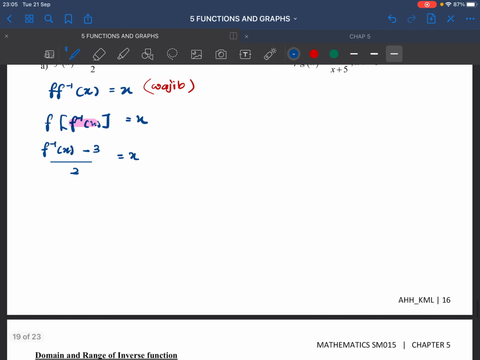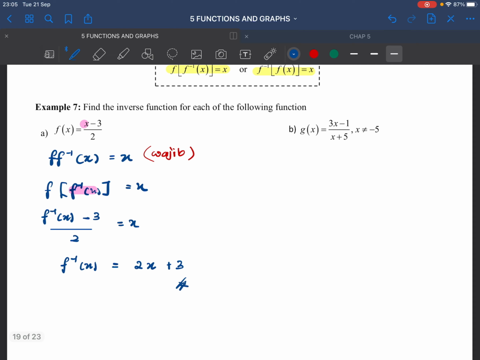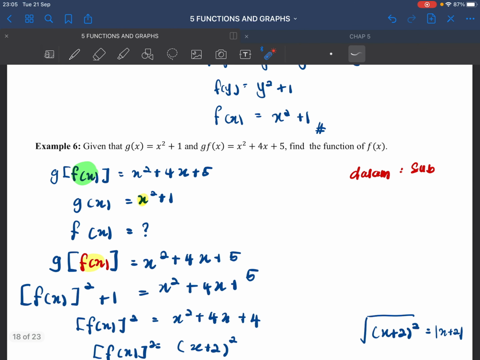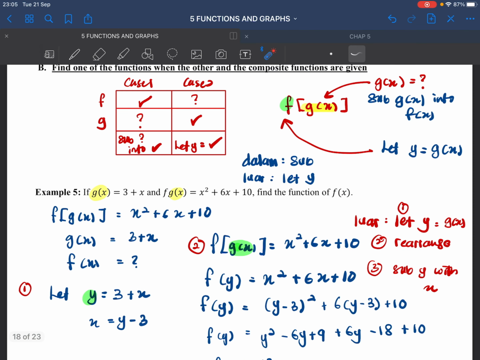The next thing that you have to do, just jadikan f inverse kamu sebagai subjek lah. So we are going to get f inverse x is equal to 2x plus 3. So there you go, you got your f inverse. Kalau kamu perasan kat sini, kalau kita pernah buat find, you are given one composite function, given another composite function.